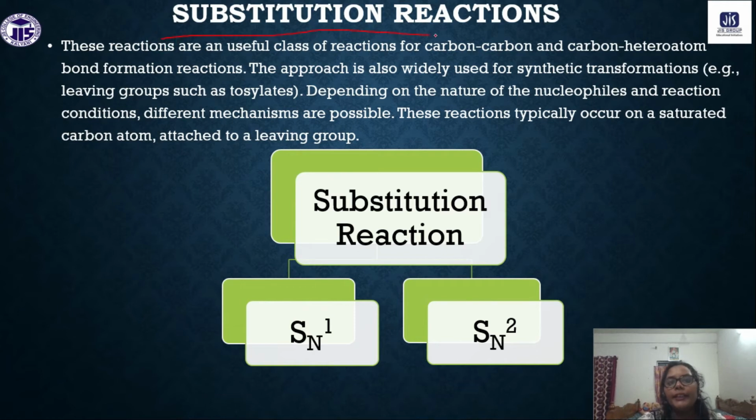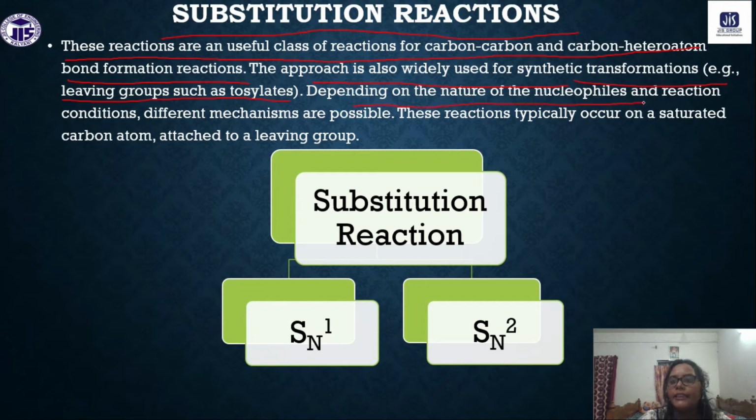Generally there are two types of substitution reactions. These reactions are a useful class of reaction for carbon-carbon and carbon-heteroatom bond formation. The approach is also widely used for synthetic transformations, with leaving groups such as tosylates.